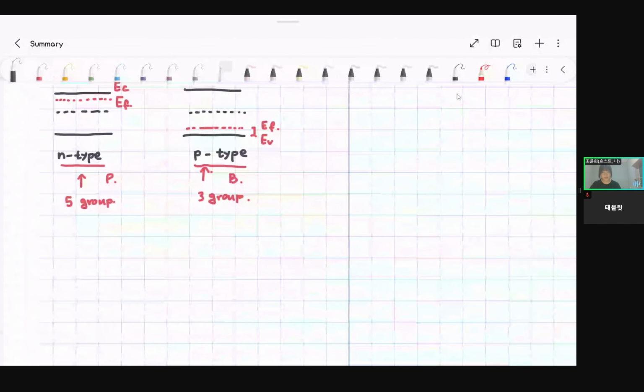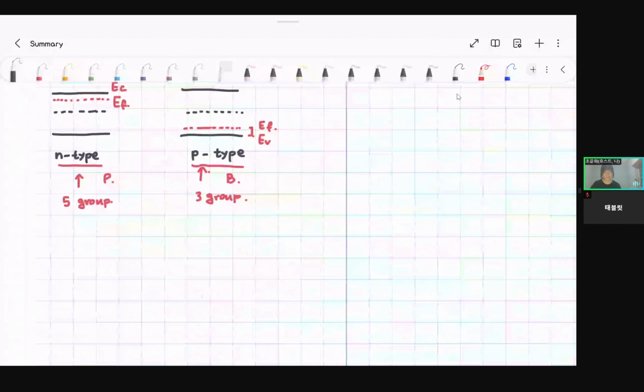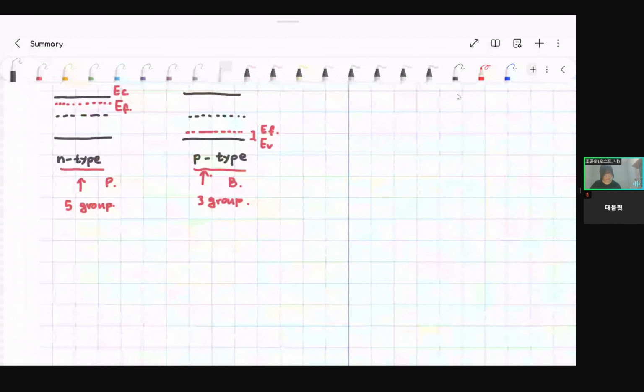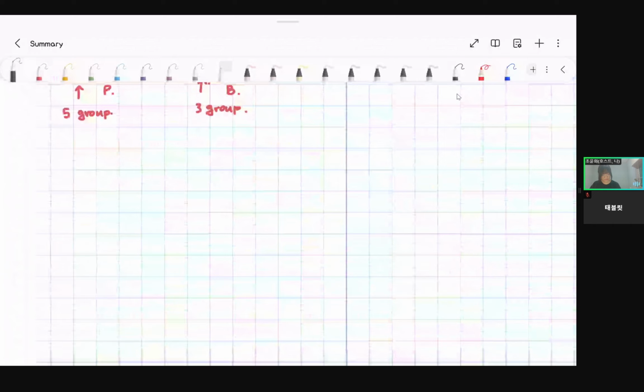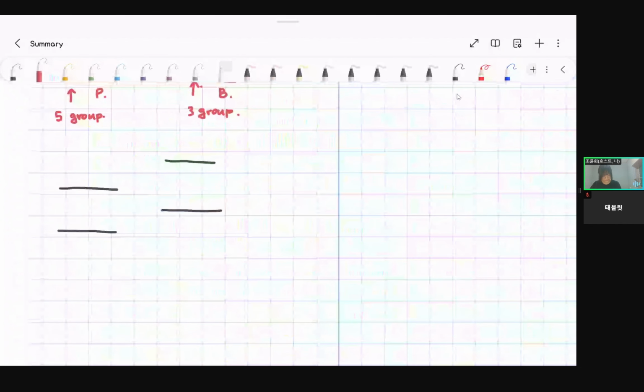But if we combine this N-type and P-type semiconductor, we can draw it like this. It means the PN junction.